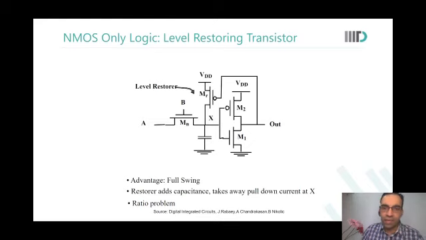But what has happened? To make this gate, you already now have 4 transistors. Are you able to see this? You already have 2 PMOSs now. You wanted to do away with the PMOSs altogether, but already you have 2 PMOSs.